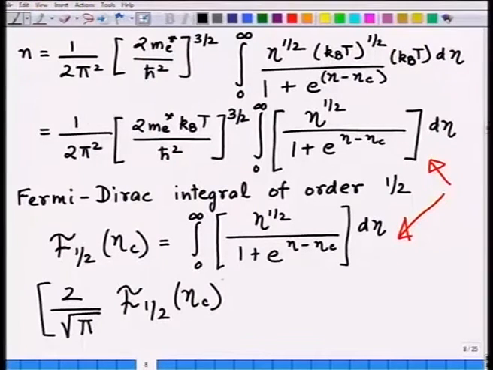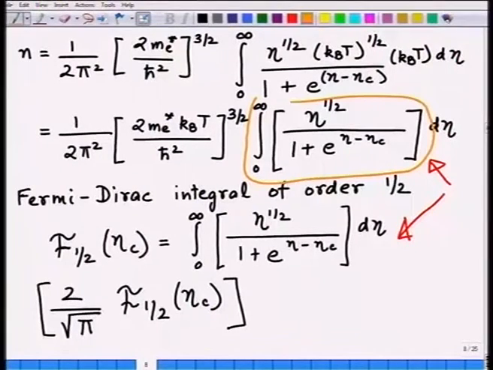I will multiply this quantity by 2 over root pi, and I will also put in front the inverse of that, root pi by 2. And if I do that, then I can write this whole quantity n as, okay. So, let us substitute all the values in there and carry on from there.